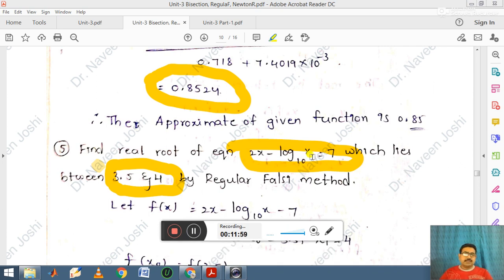In your scientific calculator you usually see two symbols, log and ln. Use the log symbol when the base is 10, that is common log, and the ln symbol for natural log. With this, please try to find the solution of this problem.